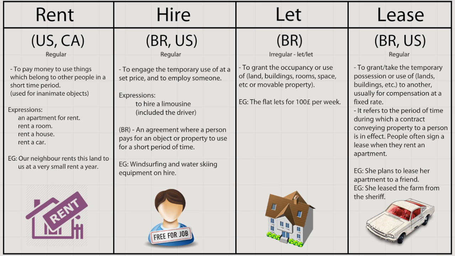The other example I gave is she leased the farm from the sheriff. She leased, and so this is take, the meaning here, take the temporary possession or use of lands. Obviously, this can be used in British English and in American English.